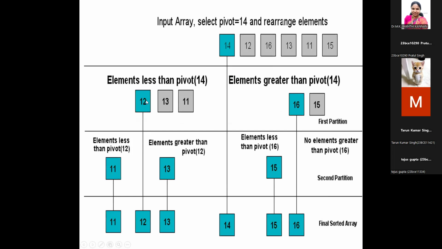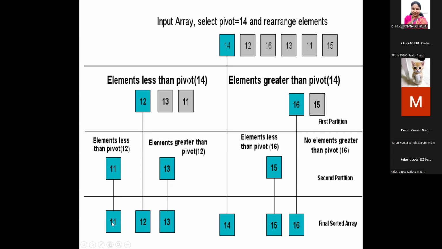Again, here we are taking 12 as pivot. The number greater than 12 is 13; 12 is compared with 13. 13 is greater, so it goes to the elements greater than pivot 12. 12 is compared with 11. 11 is small, so the element less than pivot 12 is 11. So now it is sorted. Here it is also sorted, and the pivot is also there.